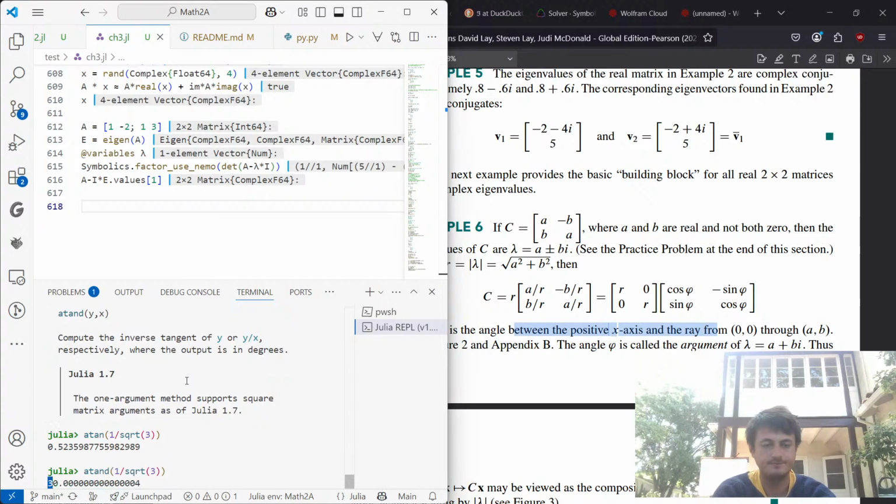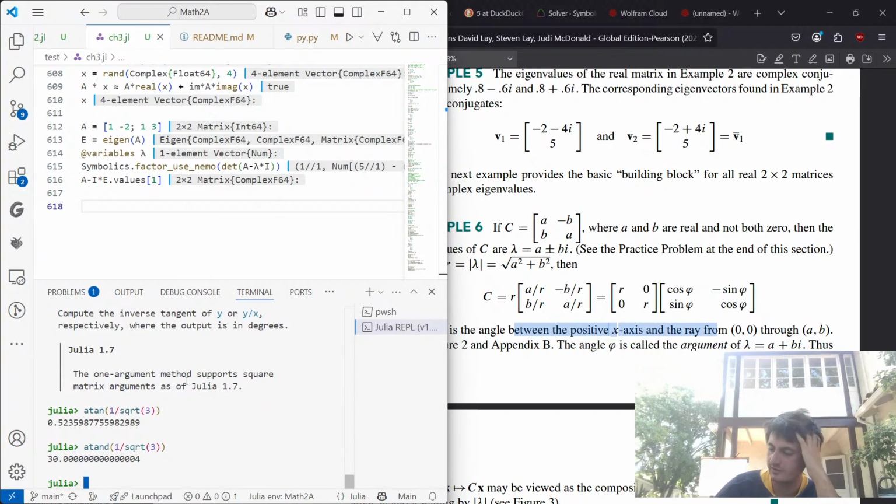Let's do this. Okay, so then we say that theta, or what is it, phi, is equal to 30 degrees.